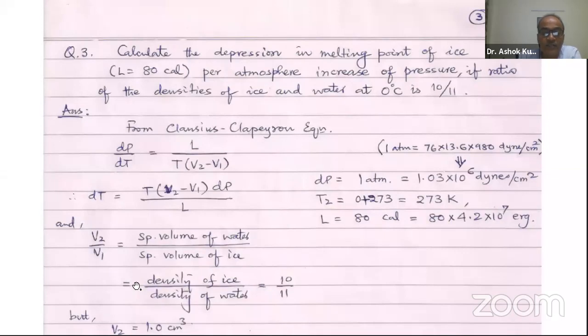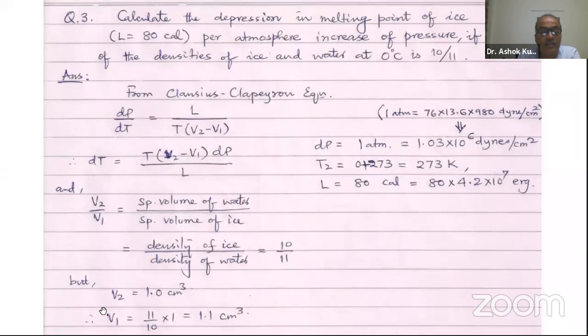So it is equal to density of ice by density of water, and we have been given in the problem the ratio 10 by 11. But we already said that V2 is 1 centimeter cube, therefore V1 is 11 by 10 into 1, that is 1.1 centimeter cube.